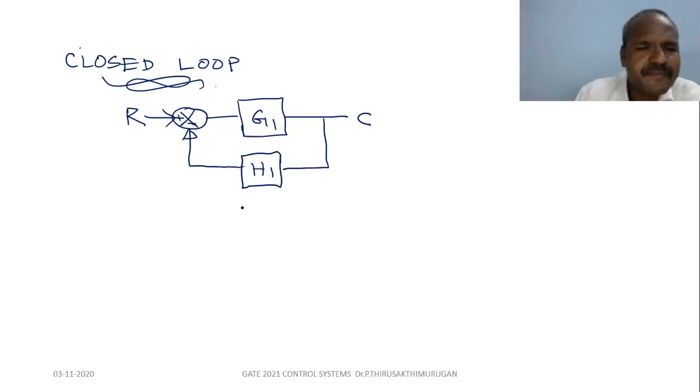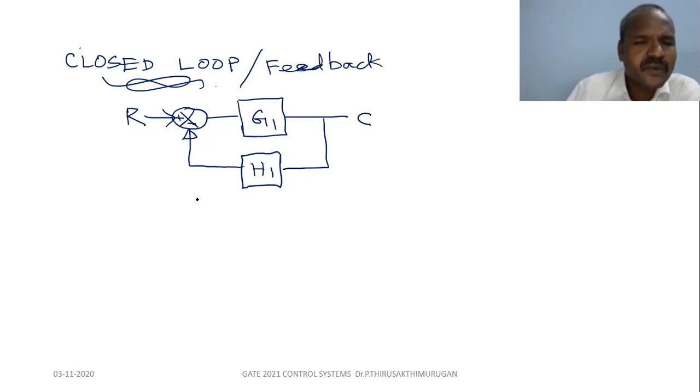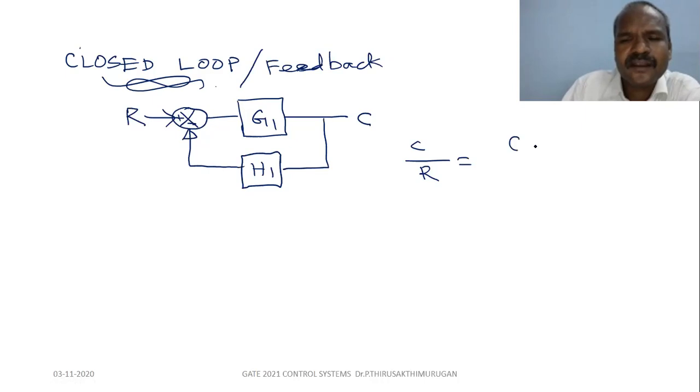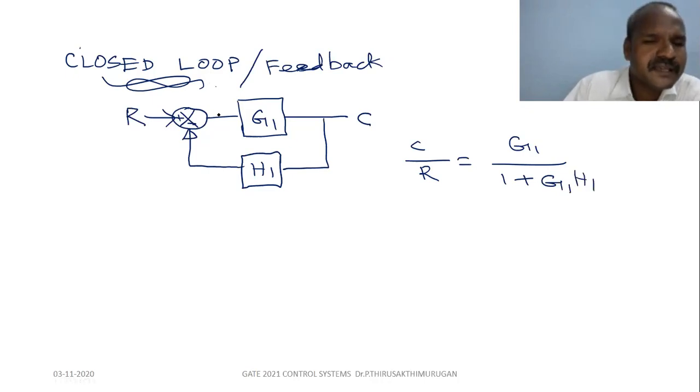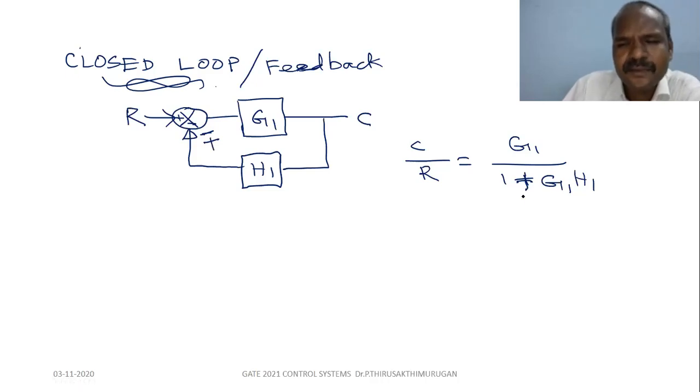So for closed loop or feedback, what is C of S by R of S? C by R equals the forward transfer function divided by 1 plus G1 H1. Here it is minus, here it is plus. If it is positive feedback, this will be minus.